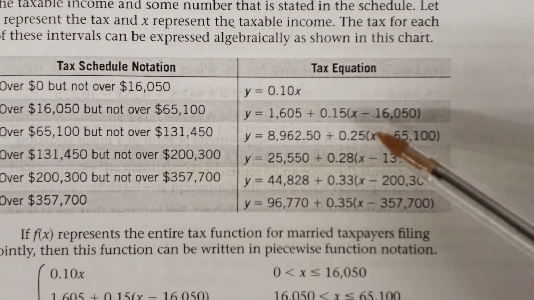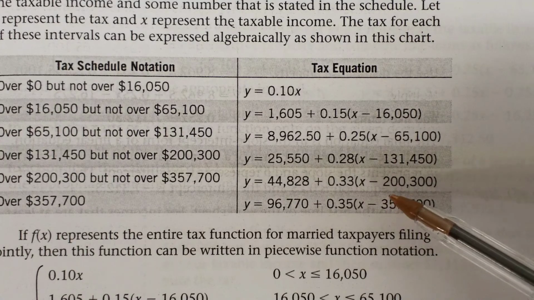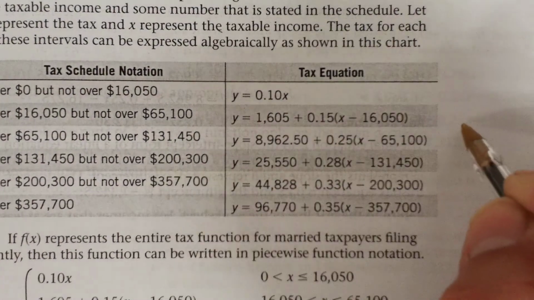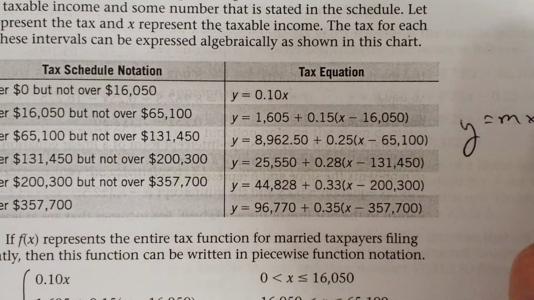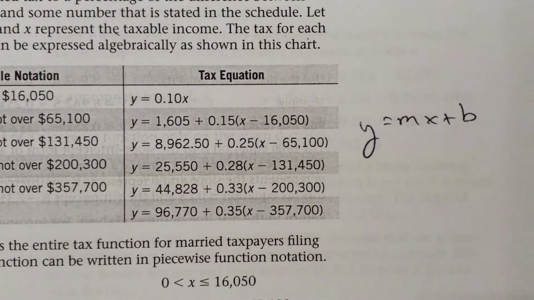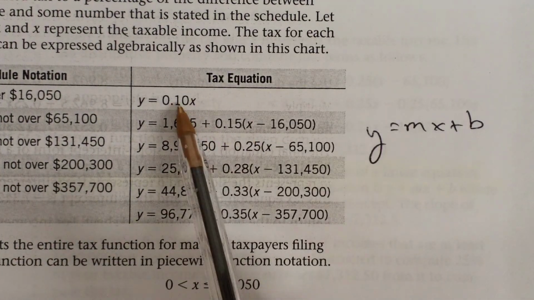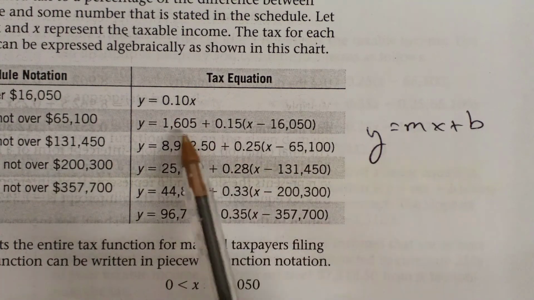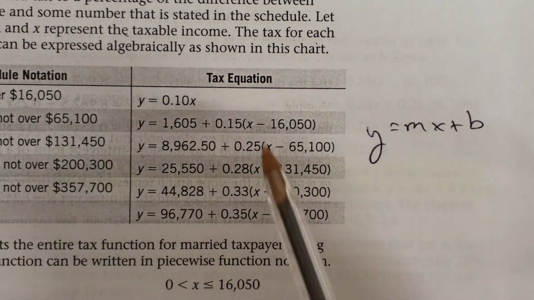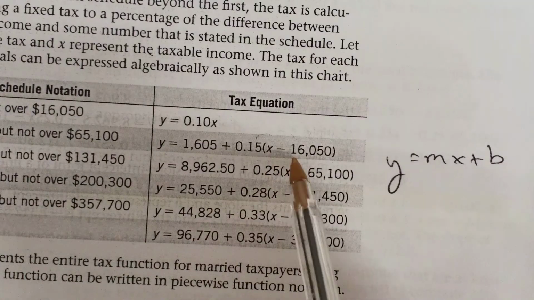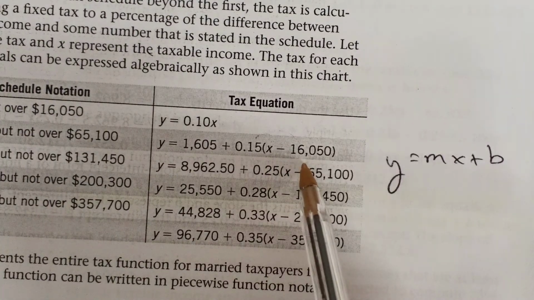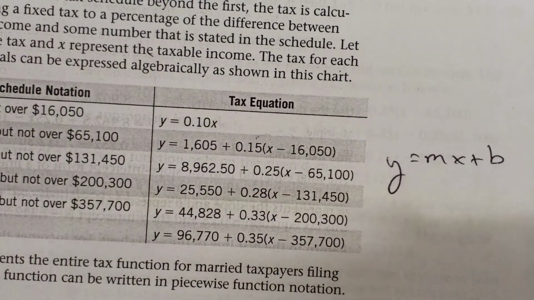If you look at these equations, these can all be converted to slope-intercept form. Remember slope-intercept form? y equals mx plus b, your good old friend. So in order to convert this, the first one's already done. The second one, to convert this, I would need to distribute this 0.15 to the parentheses and then combine like terms.